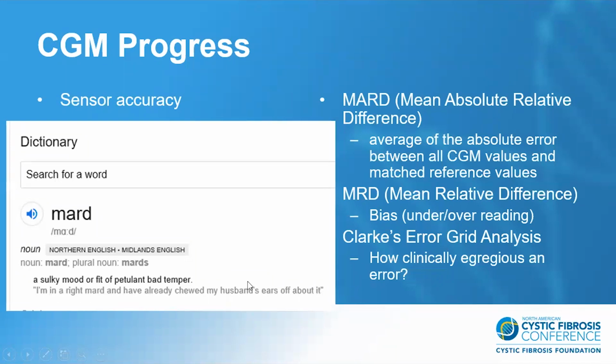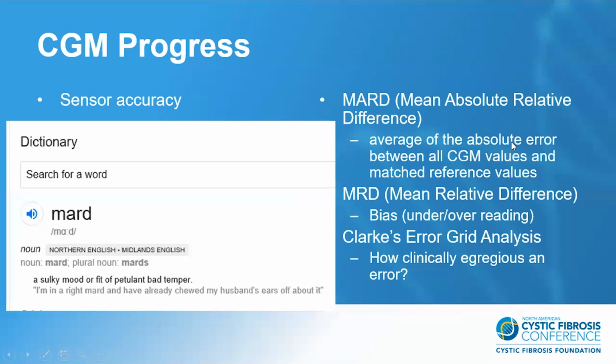So how do you know, apart from the lag, whether or not you can trust your CGM results? There's a variety of different CGM terminology looking at sensor accuracy, and one of them's the MARD, mean absolute relative difference, not a sulky mood or fit of petulant bad temper.